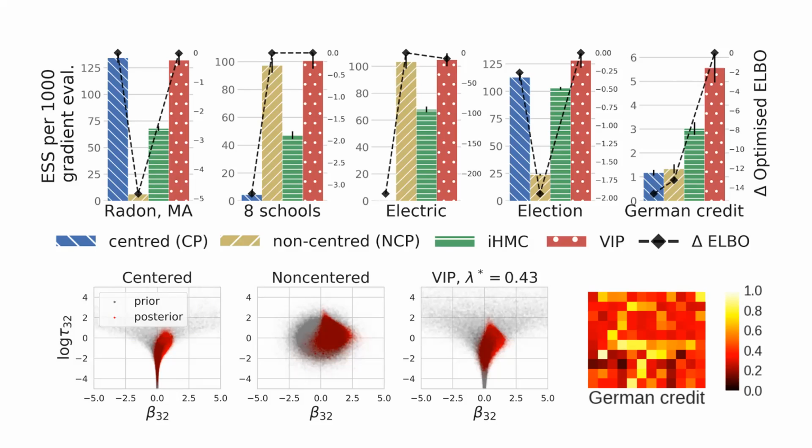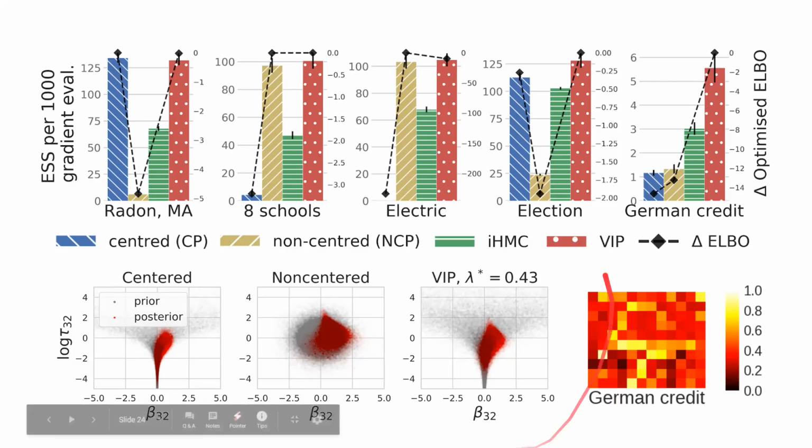Okay, so let me then very quickly recap the experiments. For the experiments, what we did was that we used VIP as a pre-processing step, right? So we run variational inference only as a pre-processing step to find a suitable parameterization. Then we parameterize the model based on that parameterization that we found. And then we run HMC. And we compare performance between purely centered model, purely non-centered model, and VIP.